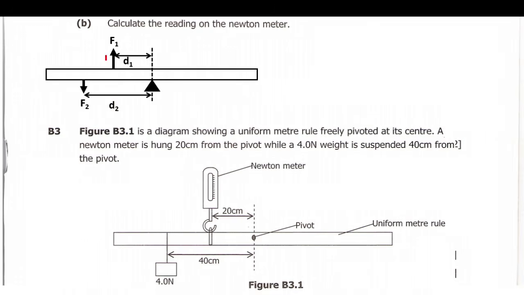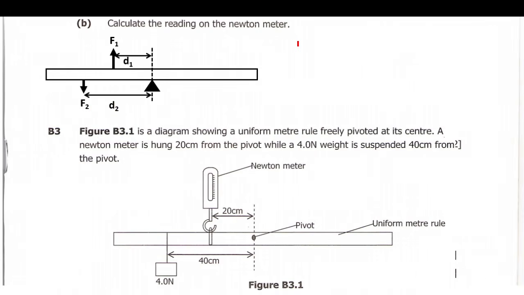Then, using the principle of moments, which says the clockwise moment, the force which is trying to take it this way, because the clock goes like this, must be equal to the anti-clockwise moment, the moment which takes it this way. This force times this distance must be equal to this force times this distance.